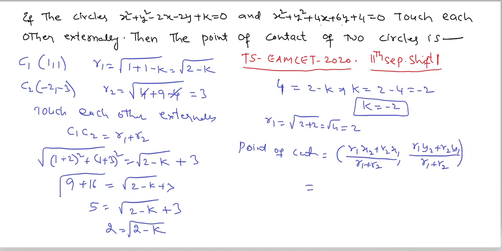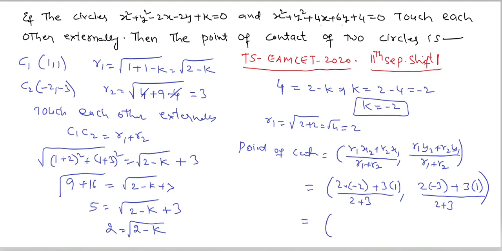That is R1 is 2, into x2 is minus 2, plus R2 is 3, into x1 is 1, by R1 plus R2 is 2 plus 3, comma, R1 is 2 into y2 is minus 3, plus R2 is 3 into y1 is 1, by 2 plus 3.